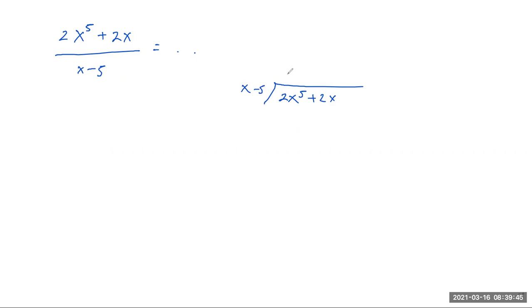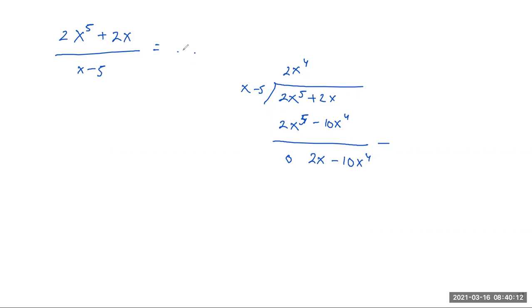I will first multiply by 2x to the fourth power. So it is 2x to the fourth power minus 10x fourth. When I subtract, it becomes 0. But this one is 2x minus 10x fourth. So it becomes complicated, right?